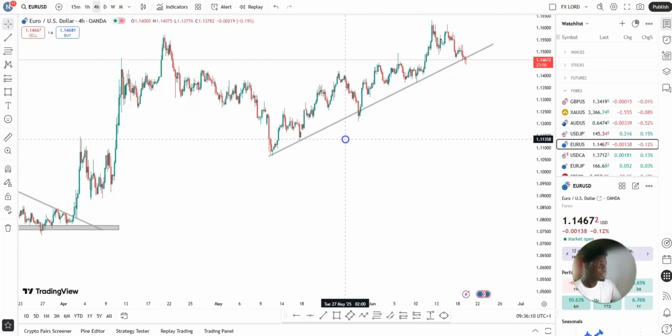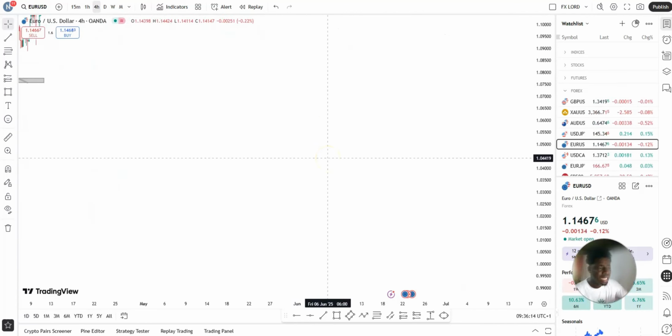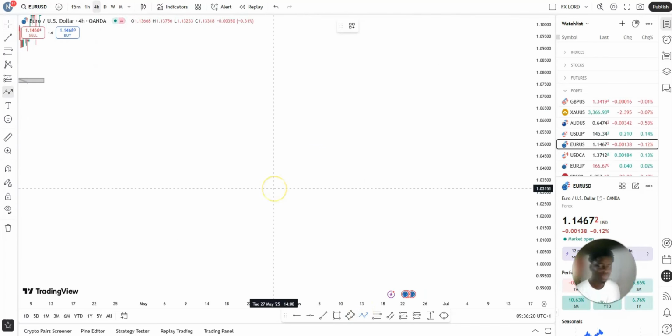Before we look at the live market, let me give you a scenario. I'm going to pull up my chart right here. Let's imagine we are in an uptrend.